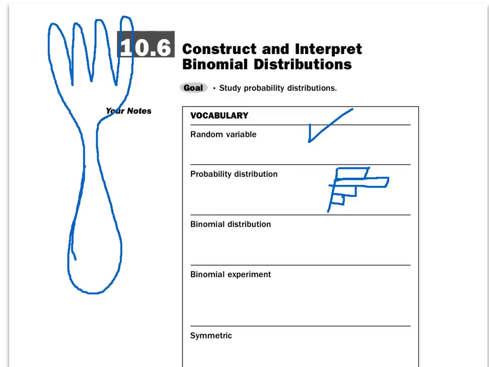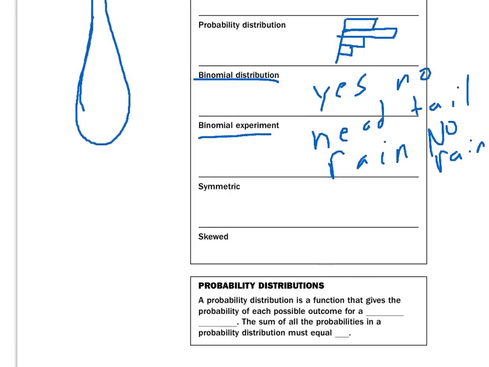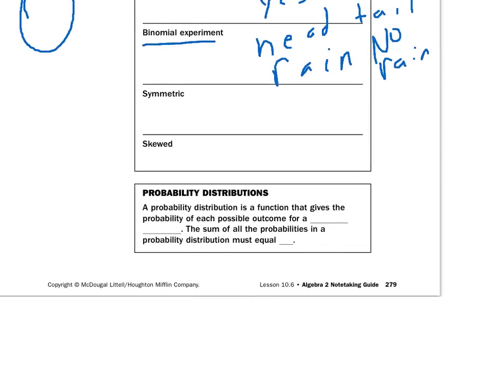And this would be the distribution, this would be the experiment, but in both terms it's a yes or a no, or heads or tails, you know, rain or no rain, that type of stuff. Two things are going to happen, and we'll get more in depth with some of this stuff as we go.